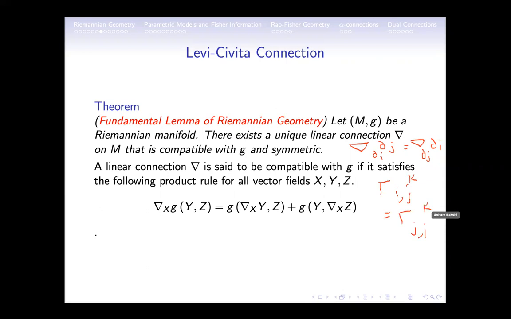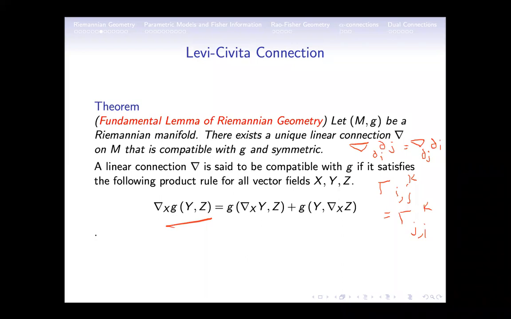Then we call the connection symmetric with respect to a particular metric G, and it's compatible if this other condition holds. These are nice geometric things which we can't really see because we are getting familiarized with so many things at the same time. But this says that given a Riemannian metric, we can always get a unique connection, sometimes called the Levi-Civita connection or the Riemannian connection, which is compatible with that Riemannian metric and also symmetric with respect to it.